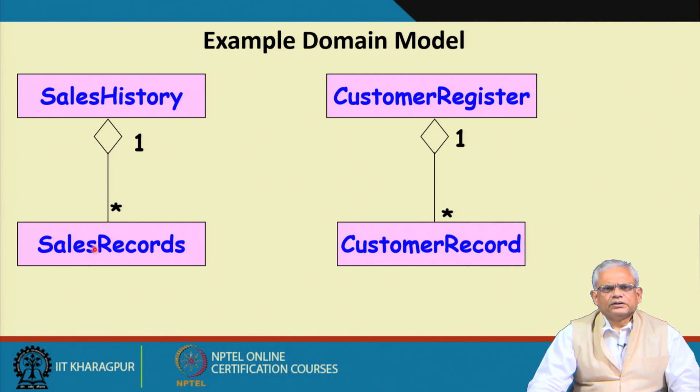For example, for the library there may be 10,000 books, and the book details of every book are stored in one object, and there are a large number of objects. This is one important difference. We had mentioned earlier that in the procedural approach, the data is centralized.